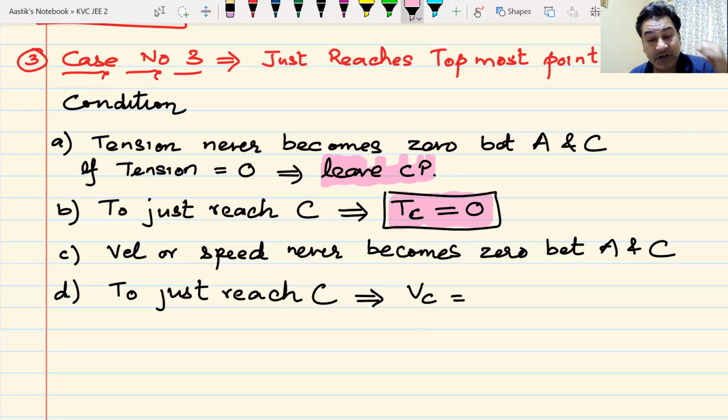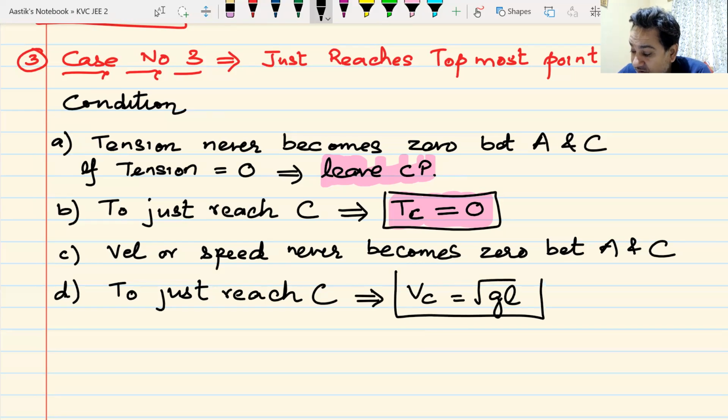That means velocity at C should not become 0, my dear friends, and this is what we will prove in the next class: the velocity at point C is equal to root of gl.